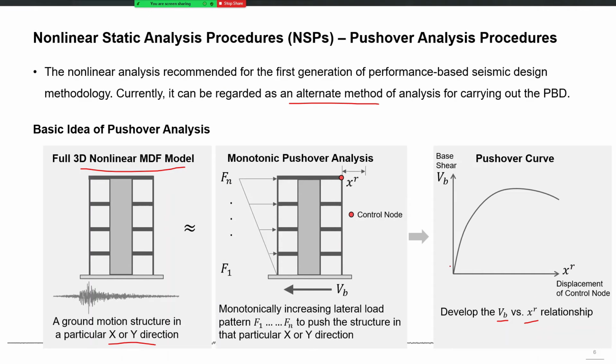So this curve point by point will be plotted. Whenever you apply an increment to your load pattern, you get a new Vb and a new XR. So point by point, each point on this curve is actually representing one static analysis.